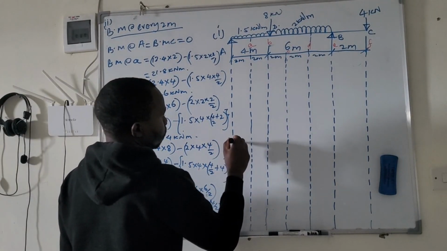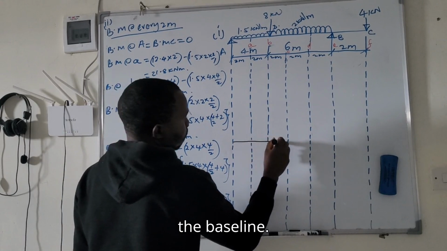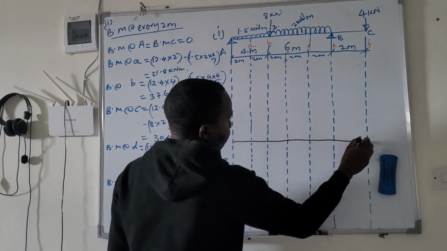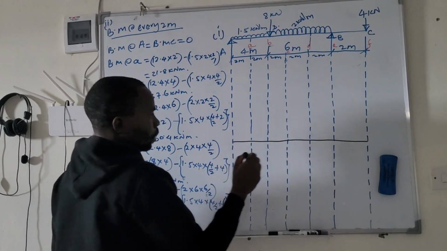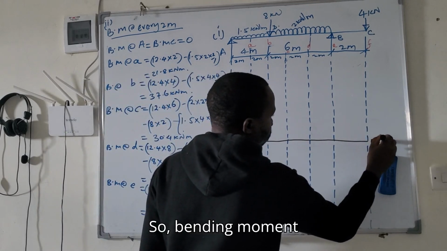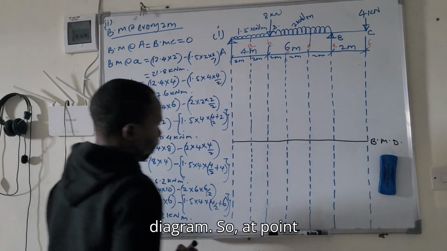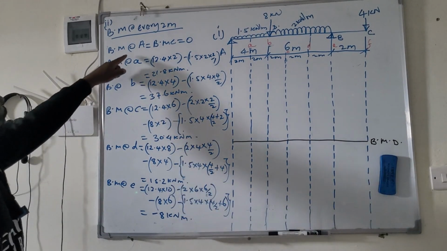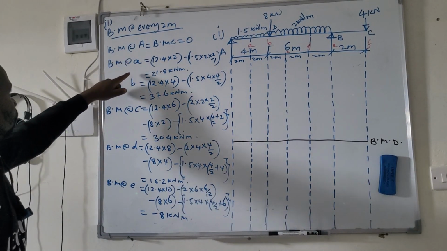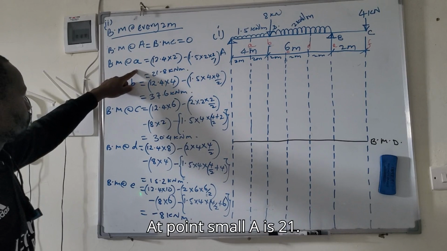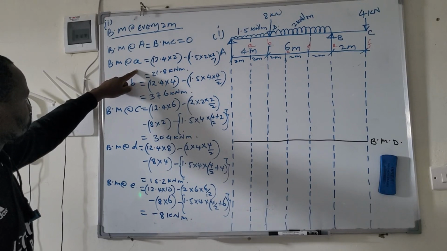So this is the baseline. So bending moment diagram. So at point A is 0. At point small a is 21.8.